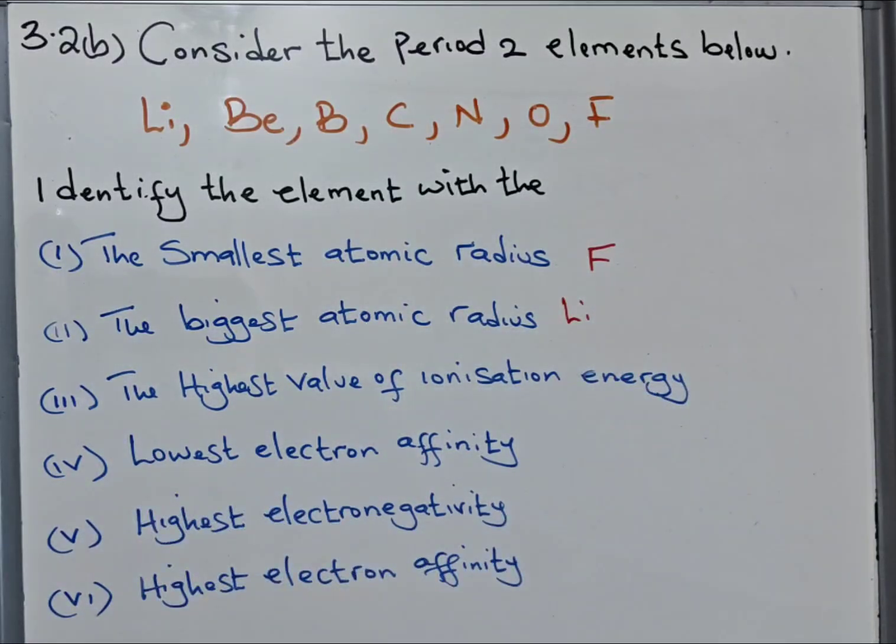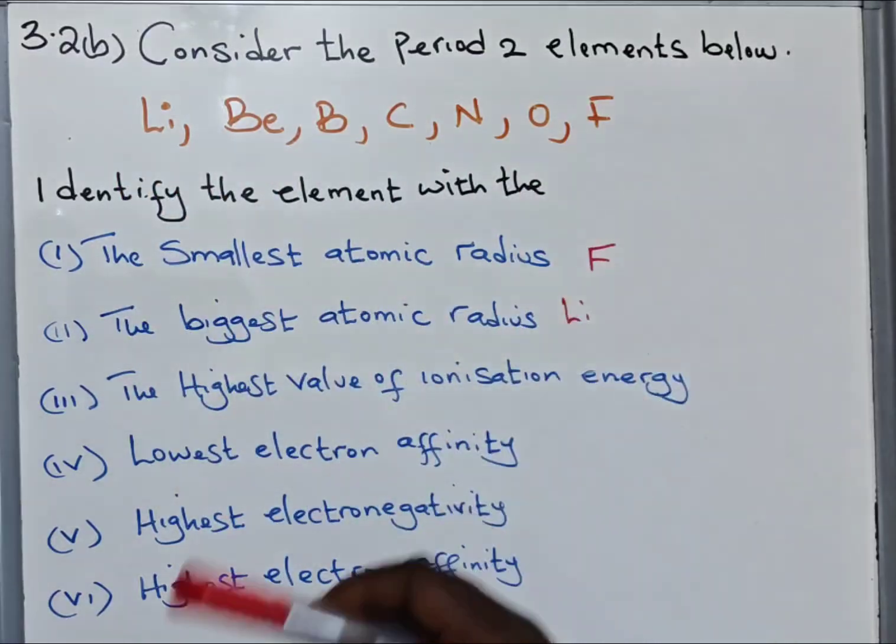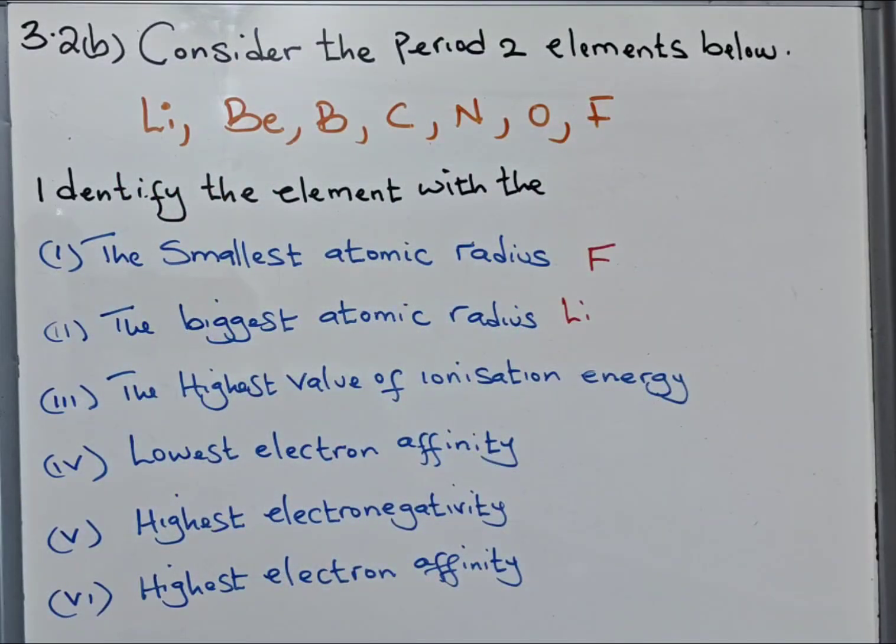Then we come to this one. The highest value of ionization energy. Which atom has the highest value of ionization energy? You have to know that ionization energy is the energy required to remove electrons from the atom. And we said that the smaller the atom, the higher is that value required.